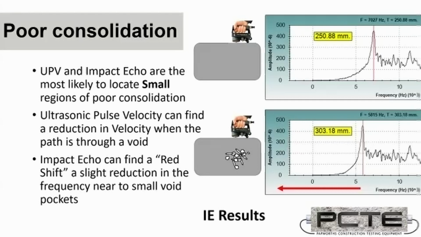What you obviously can see here is that with pulse velocity and impact echo, it's quite important that you have large or moderate sized data sets so you can compare the average results in velocity or frequency to specific areas looking for changes from those average results.